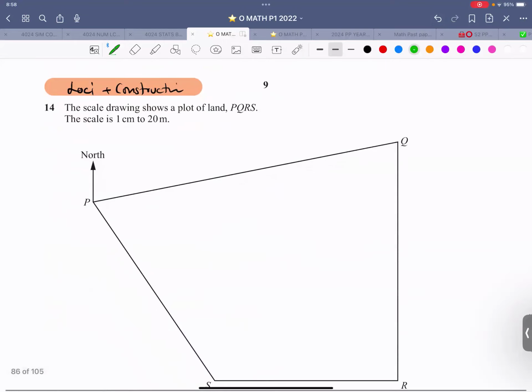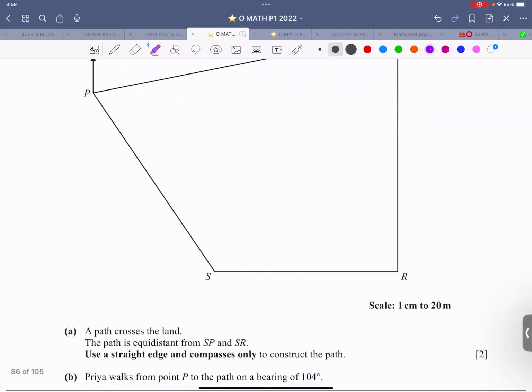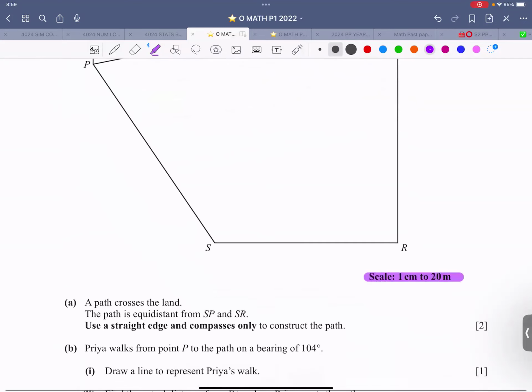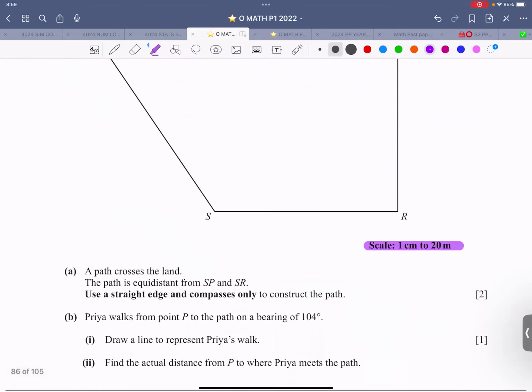Question 14, this is loci. The scale is given as 1 centimeter to 20 meters. Now there is P, there is Q, there is R, there is S. The scale is again written over here. A path crosses the land. The path is equidistant from SP and SR. So equidistant from two lines.